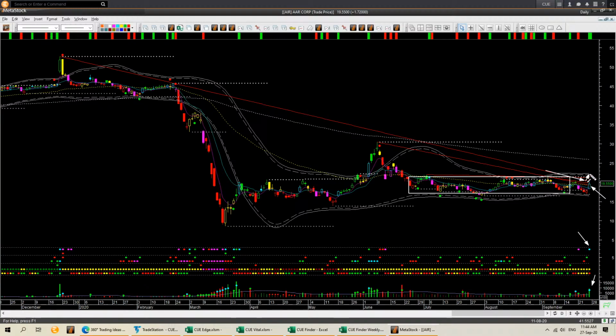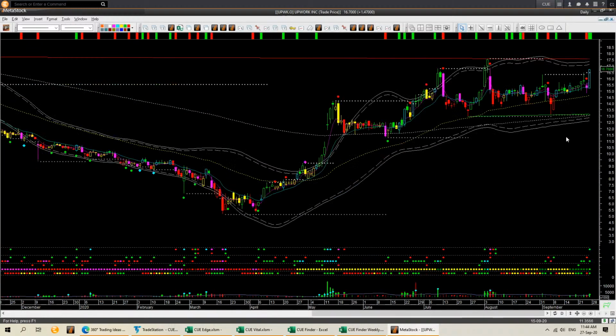If it could break out of all the memory resistances, then I would consider it as a Q breakout trade setup, because it was moving sideways and it is going up with high pressure, high volume, but it did not clear all the resistance trend lines. Therefore, I'm not going to buy it now. It can go into watch list to see if next week it can break out, but no trade setup right now.